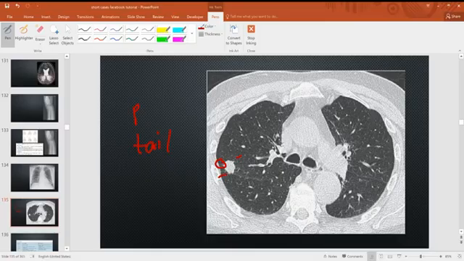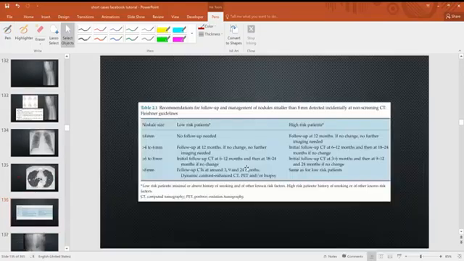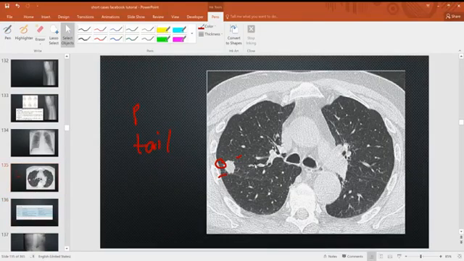So for a nodule in the lung, we have different differential diagnoses, and it can be malignant or benign. The benign ones are hamartoma, granuloma. For the malignant one, if there are any signs of suspicious malignancy, spiculation, pleural tail, we should go for biopsy.